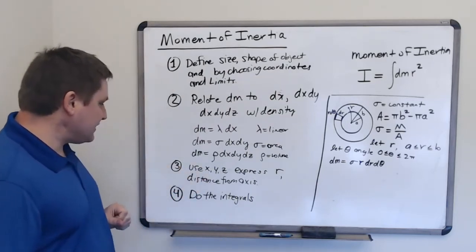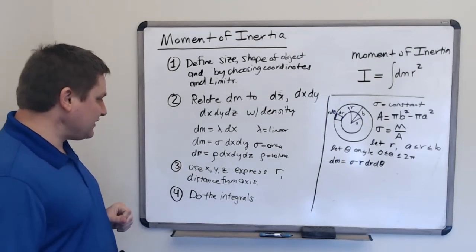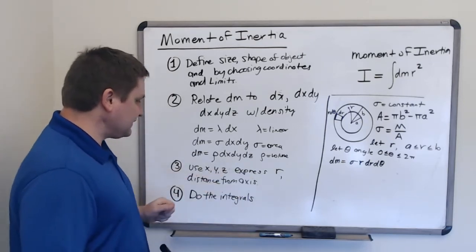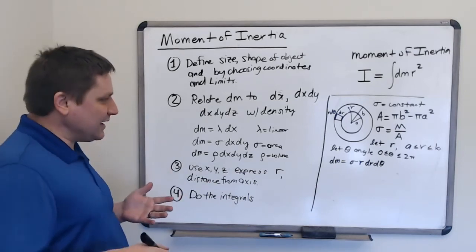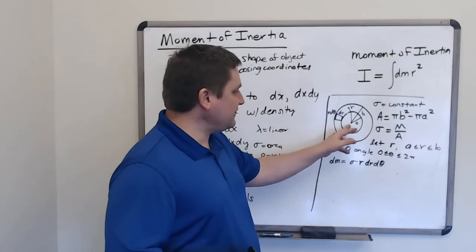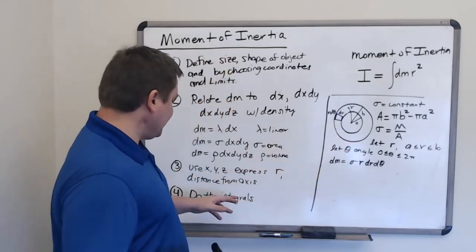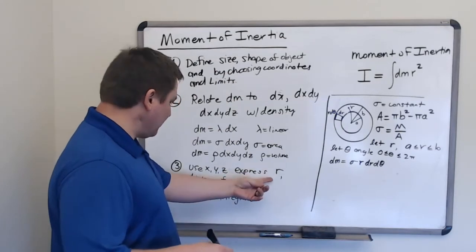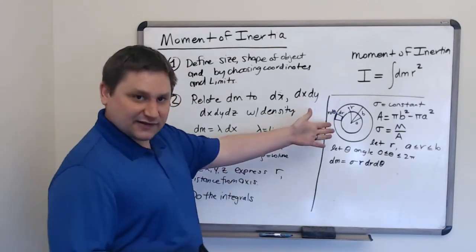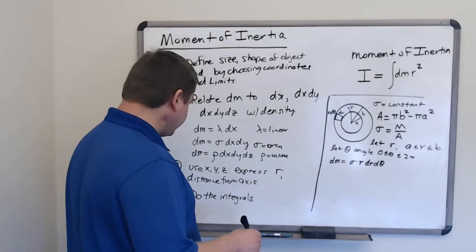Now step three, use my coordinates that I've chosen to express r, the distance from the axis. This step is particularly simple for this shape. I already chose r to be the distance from the center, and if the axis is at the center, then I don't really have to do any work here. R for the distance from the axis is just the same as r as my coordinate.